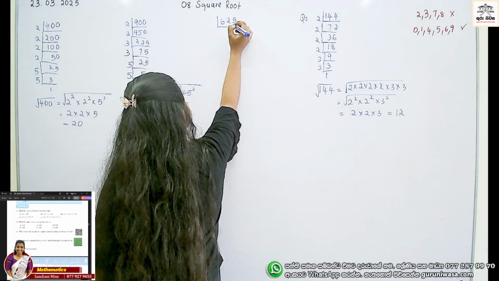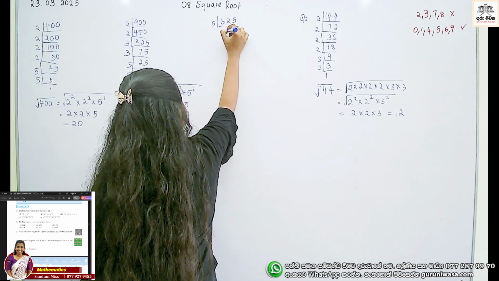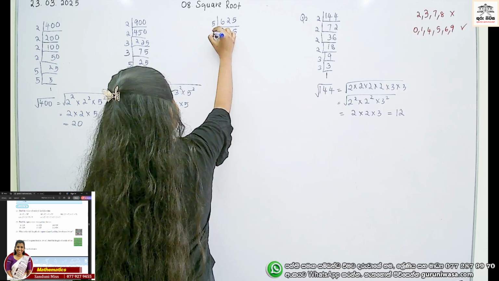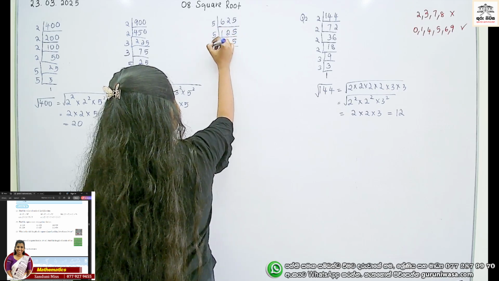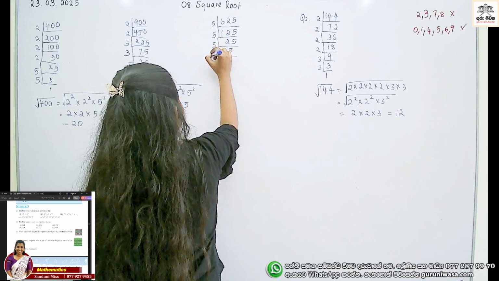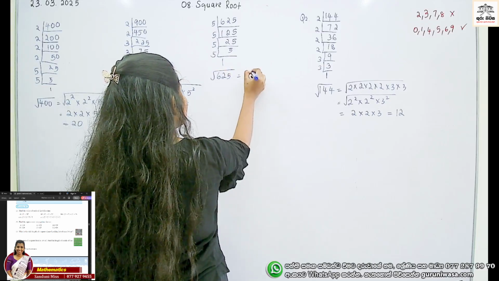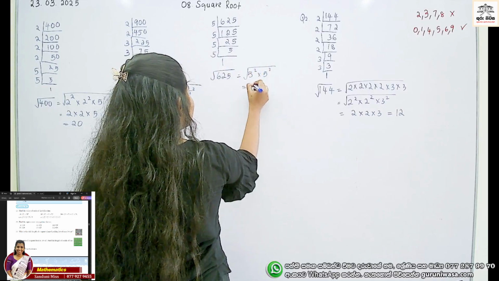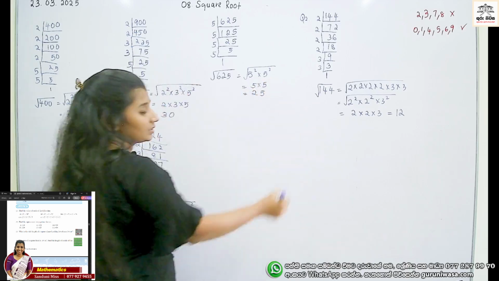2 no, 3 no, 5. Then we have 625 equal to 5 square times 5 square, which is equal to 5 times 5 equal to 25.